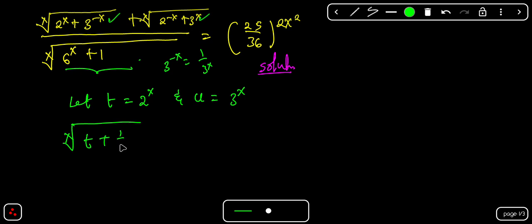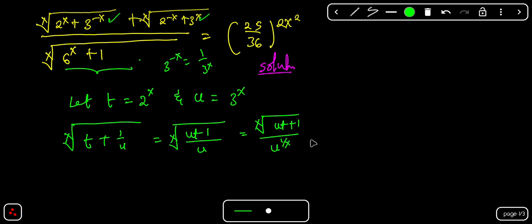The LCM here will be u, so that is the x-th root of (ut plus 1) over u, which is the x-th root of ut plus 1 over the x-th root of u, which is equal to (ut plus 1) raised to the power of 1 over x, multiplied by u raised to the power of minus 1 over x. You understand now? So that is this.